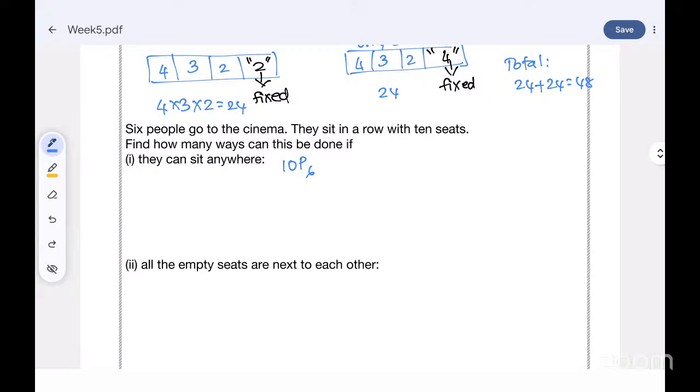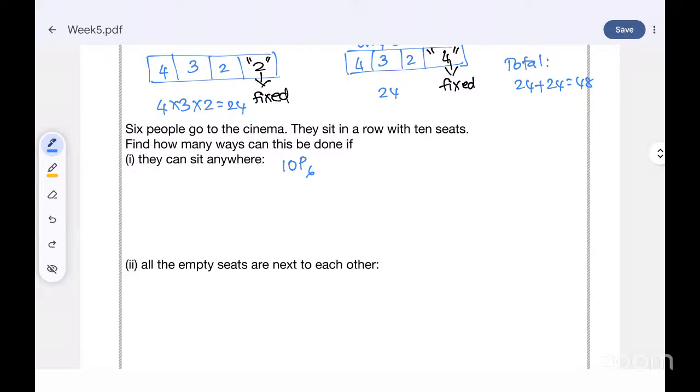Together means how can you consider them? As one, right? So if they are considered as one, how many possible seats are there first of all?